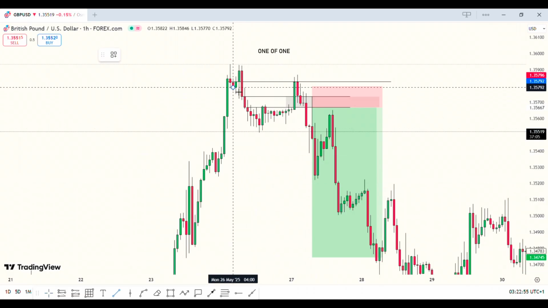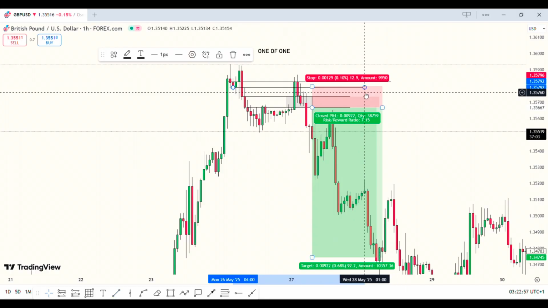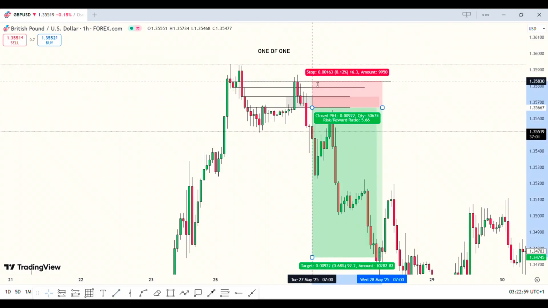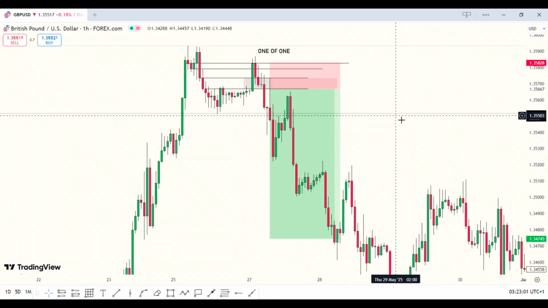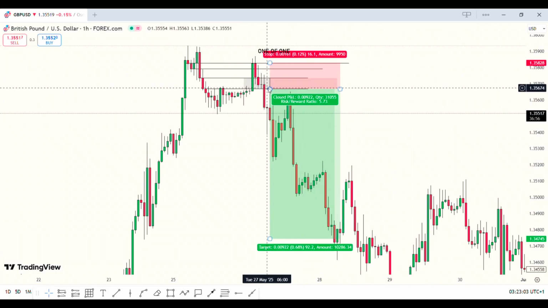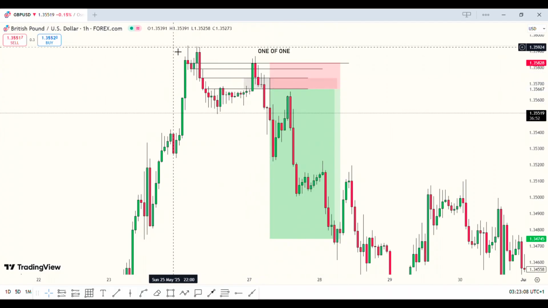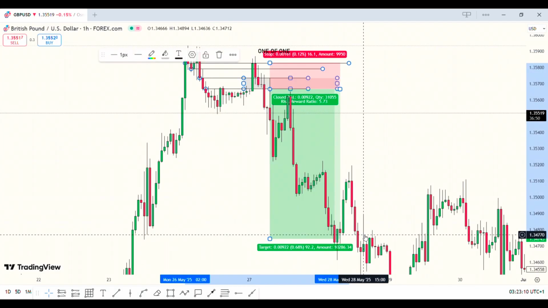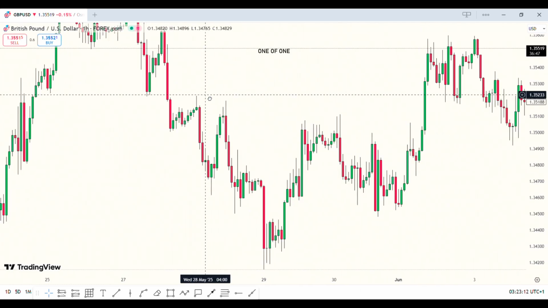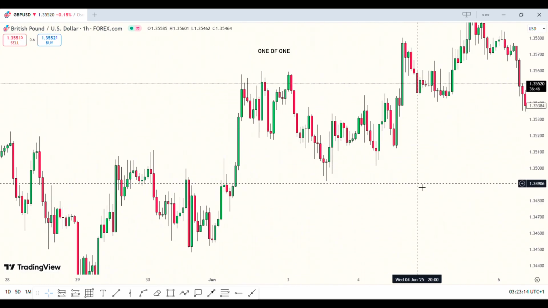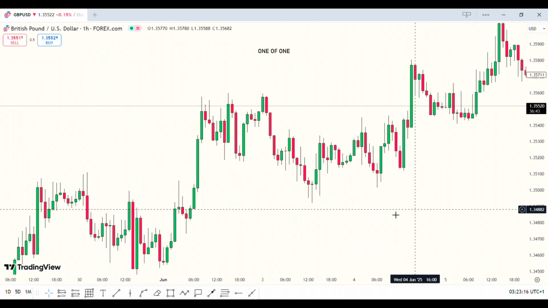I think this one, this one too. So the stop loss would be a bit above that. So price used the first and I think the second to move. So that is it. We can bring it down to this.